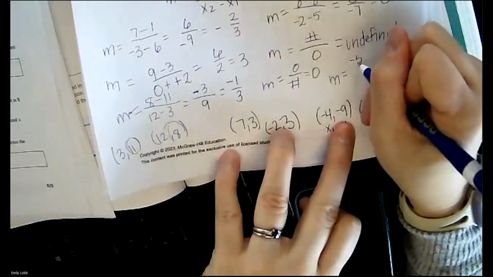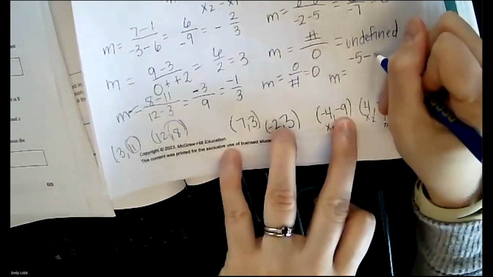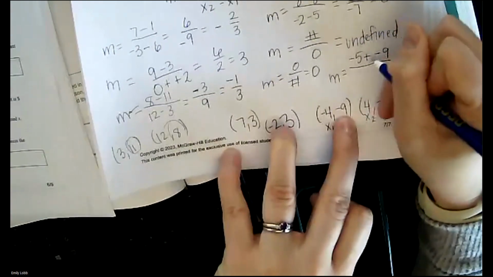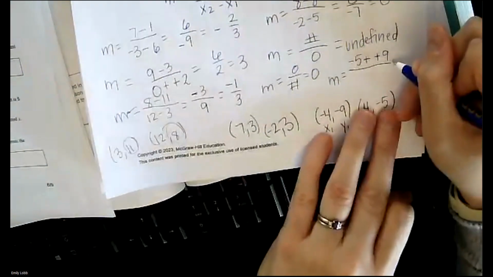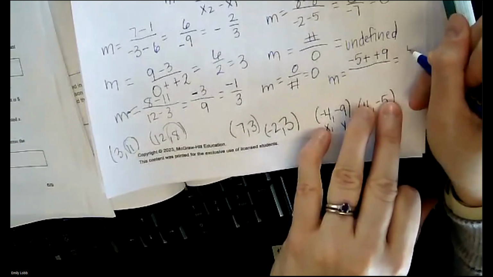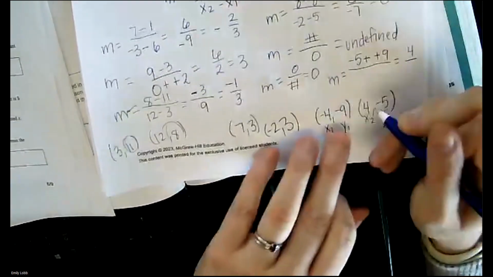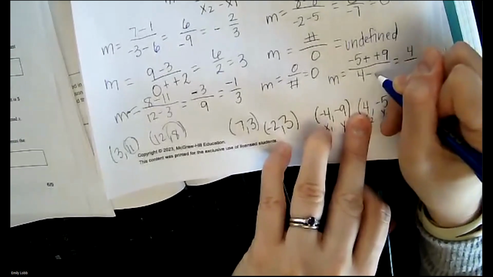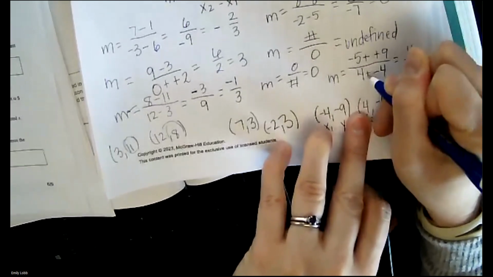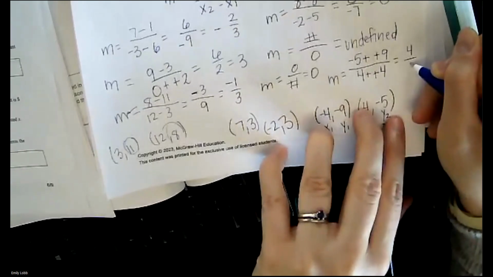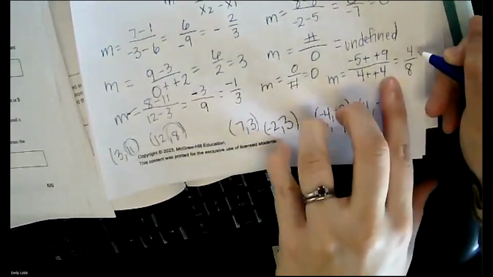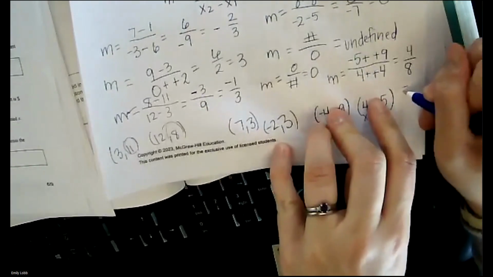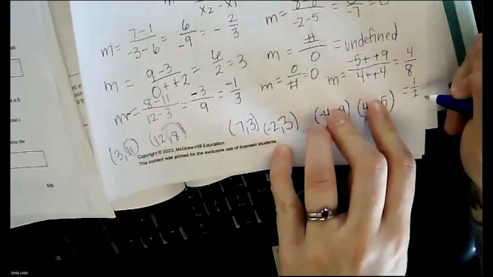So we would have -5 minus, careful here, a -9. So you're really adding 9 to -5, which gives you a 4 on top. Here you have 4 minus a -4, which really means you're adding 4, which gives you an 8 on the bottom. We divide those both by 4, we're left with 1/2.